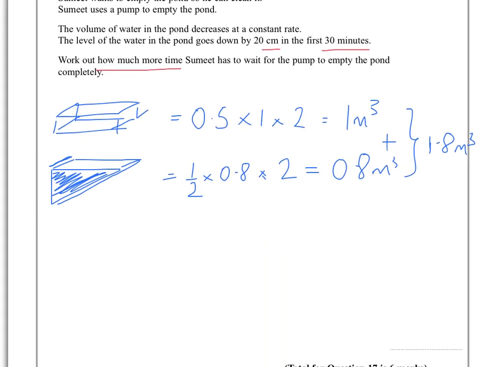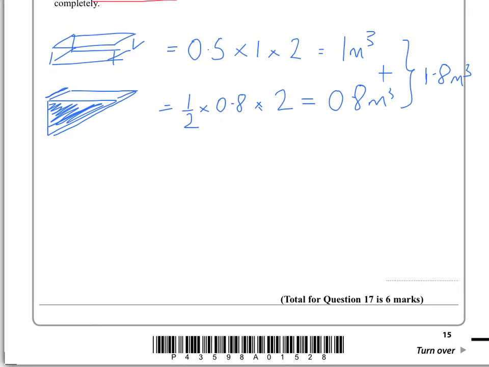So what we're going to end up with is that the amount that goes down in 30 minutes, we know it's 0.2 in depth, but in terms of volume of water, it's 0.2 times 1 times 2. So that means 0.4 meters cubed goes down in 30 minutes.